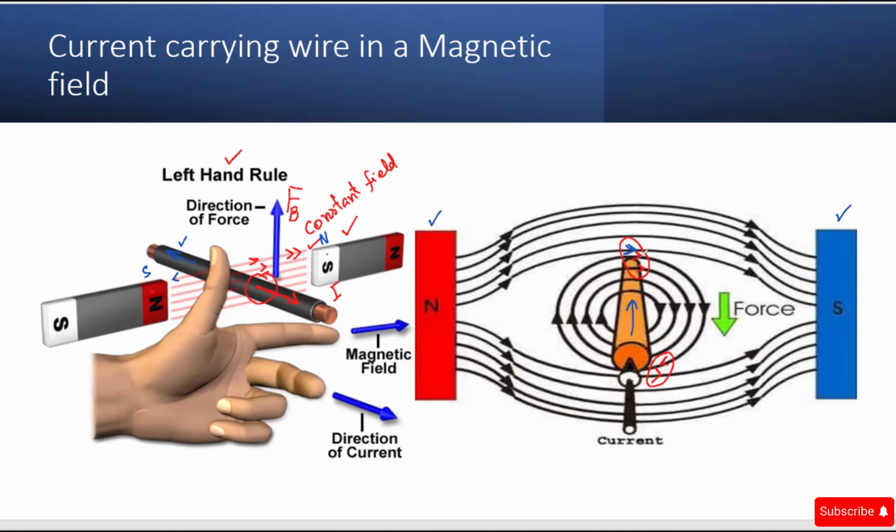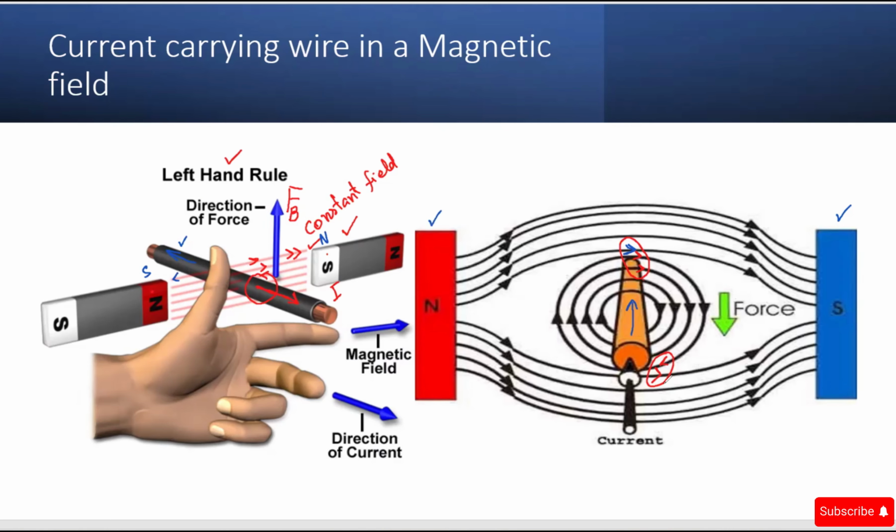It means the field above this wire is stronger compared to the lower part. This is the reason this wire will experience a force, and that will be a downward force.